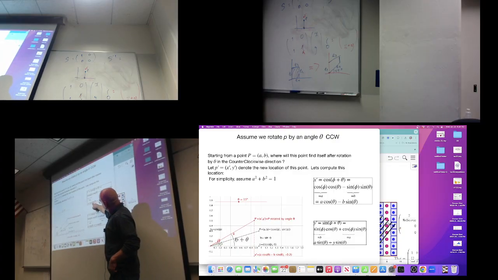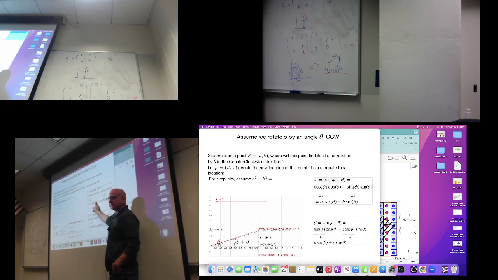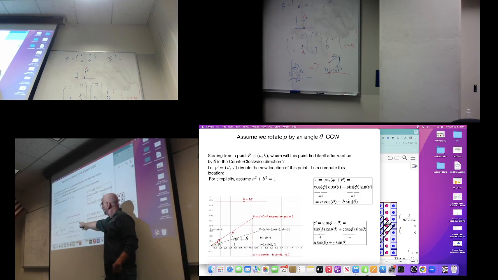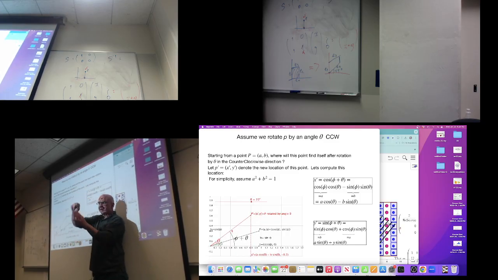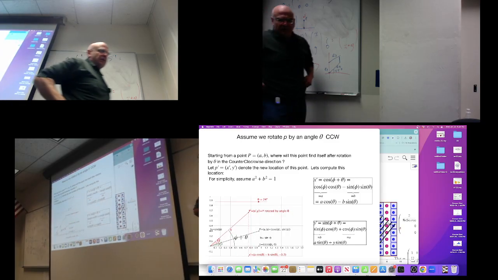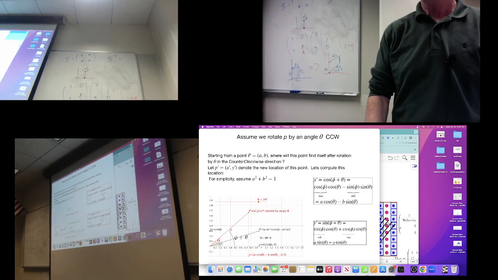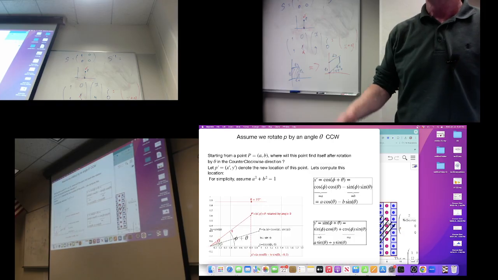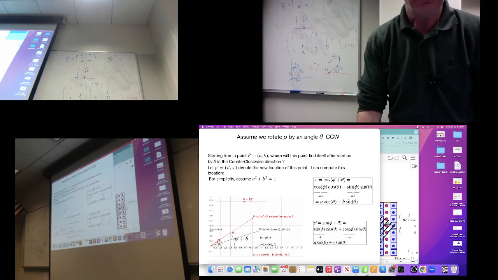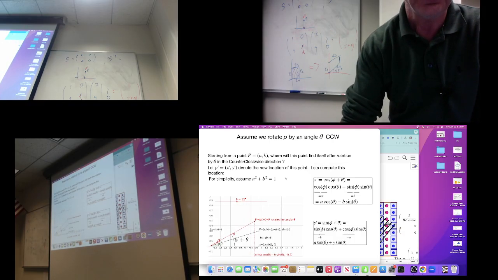So that's why the new x value would be the x coordinate, a, times cosine theta, the rotation angle, minus b, the y coordinate, times sine theta. Again, a and b were individual to the point that I took, but theta is where everything goes. And the story for the y will be analogous. I think that's the most boring way to justify this notation.